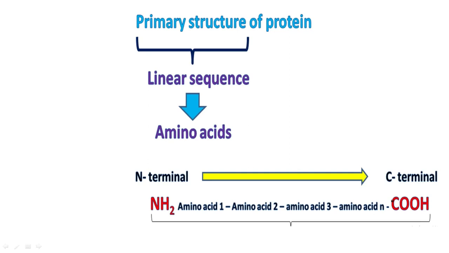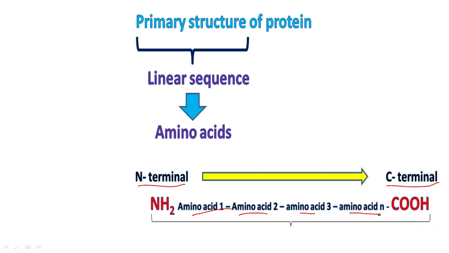So look at this one. This primary structure has an N terminal on one side and a C terminal on the other side, and it's a sequence of amino acids. You can see here the first amino acid, second amino acid, third amino acid, and so on.